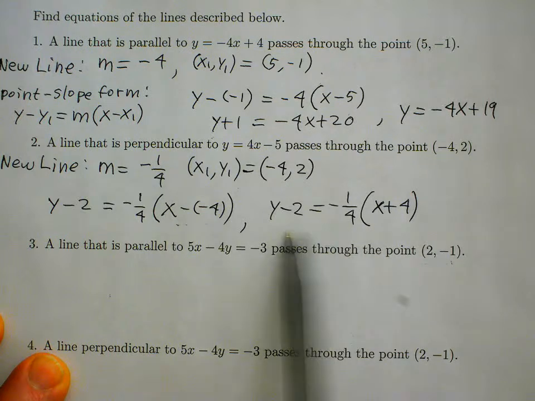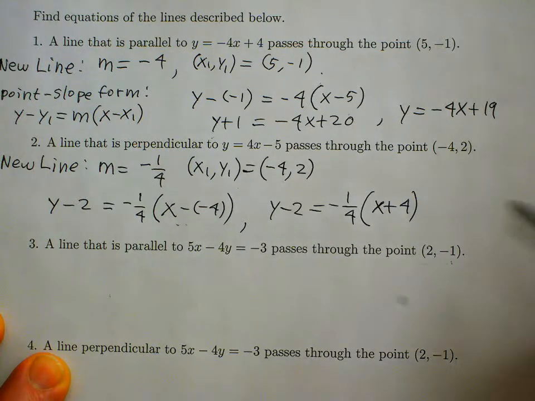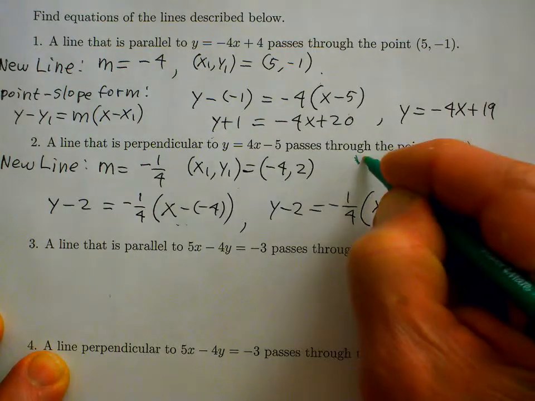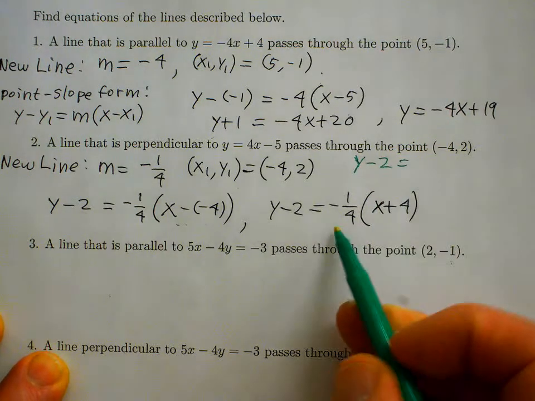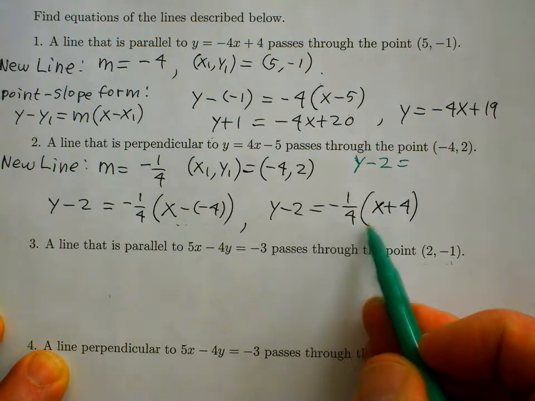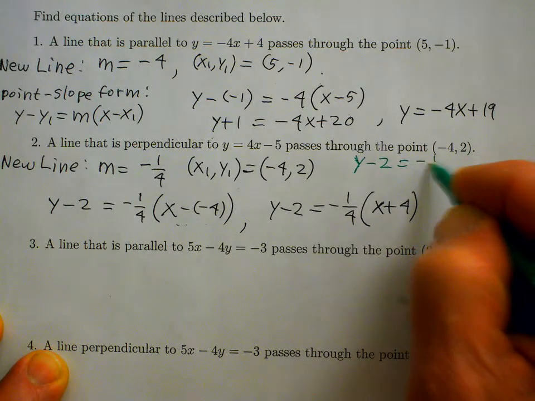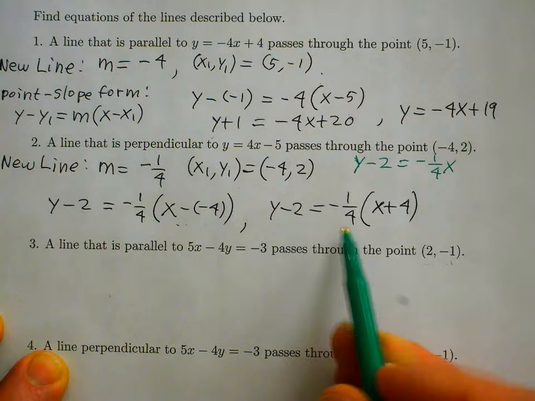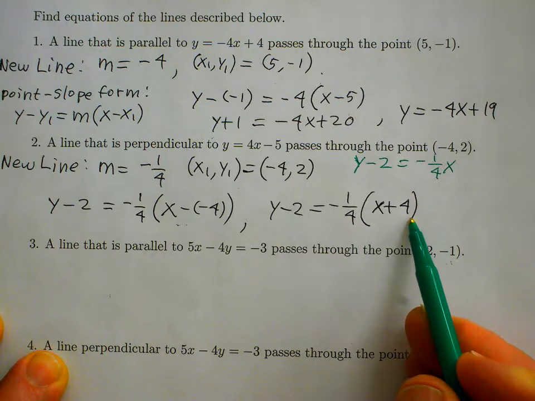So let's take this a little further. I'll write it up here, y minus 2, and then distribute multiplication by -1/4. So -1/4 times x, -1/4 x. -1/4 times 4 is -1.